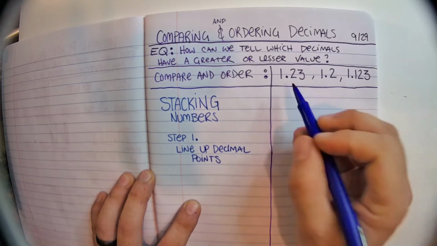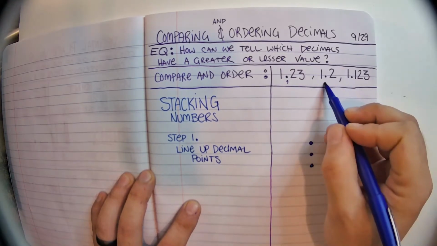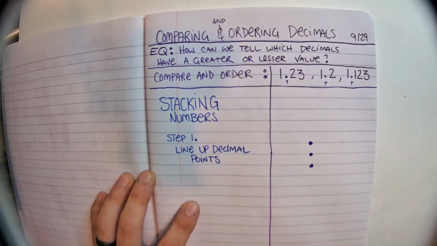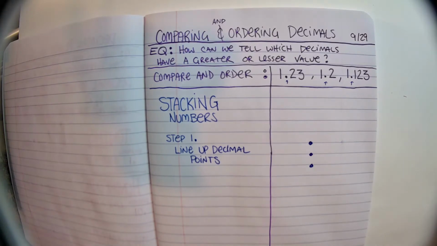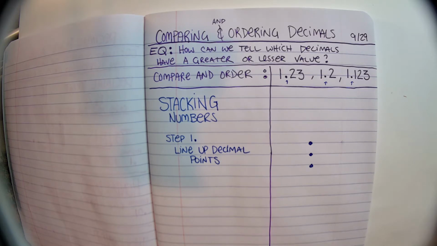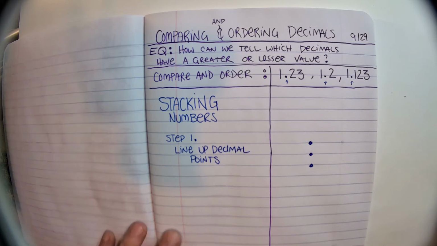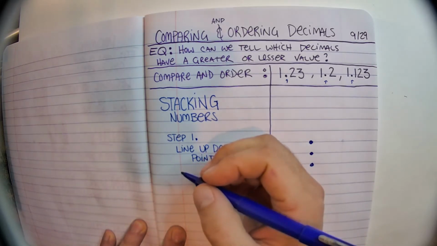All right, all three of these numbers have a decimal point. So we need to line them up because the decimal point is in the same place in every number in the whole entire universe. So by putting those decimal points in line, that gives us the ability to keep our place values in line. All right.